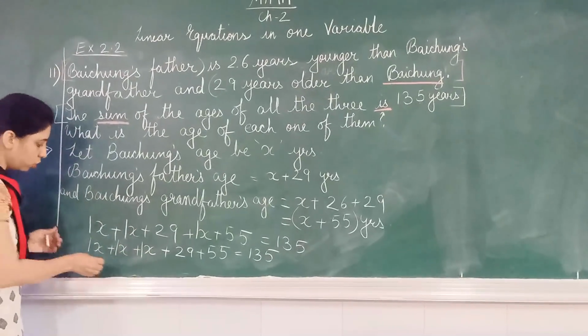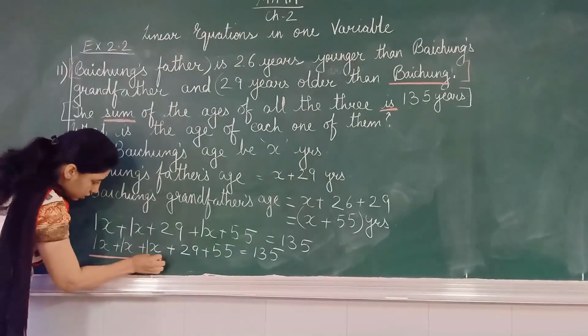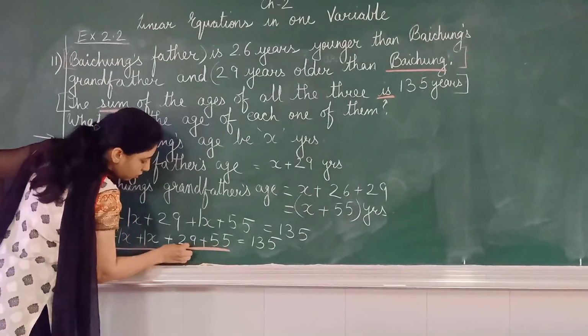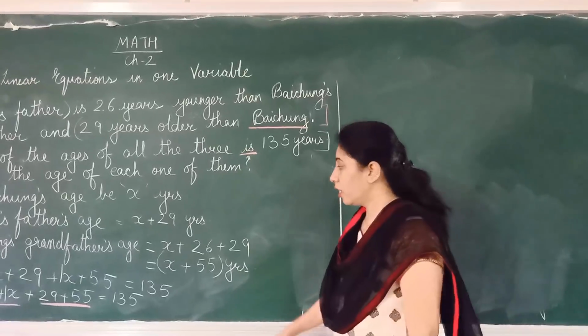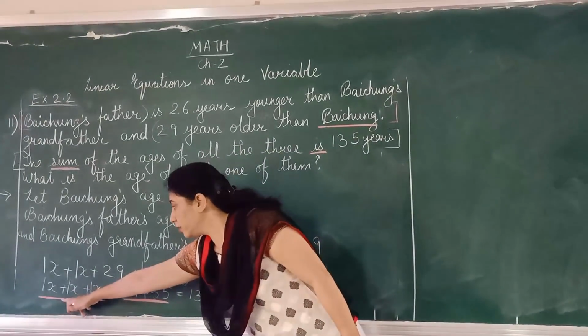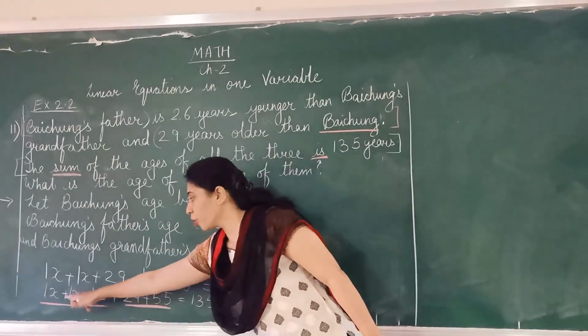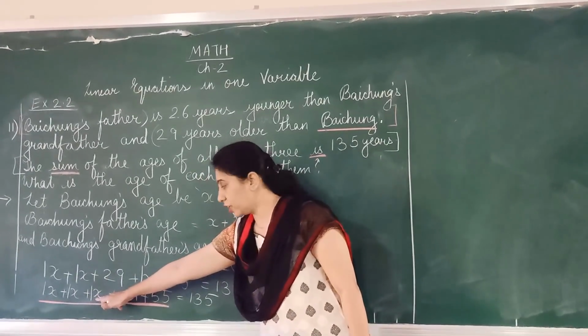Now what are you going to do? You are going to add this first, then you are going to add this, and then it is equal to 135. Now these are the like terms. So you are going to add wherever the variable is given, it is a common variable.